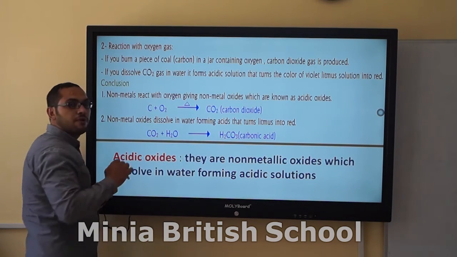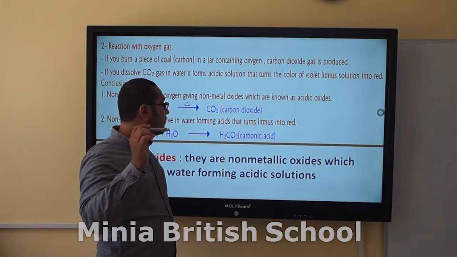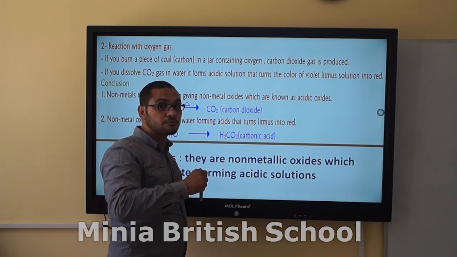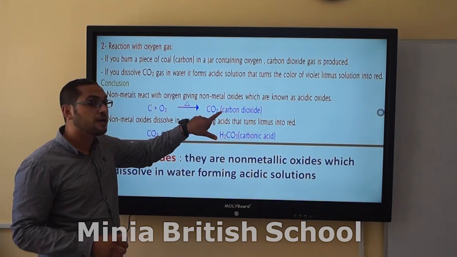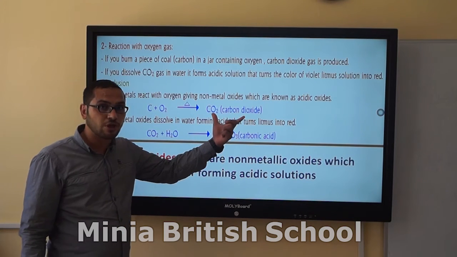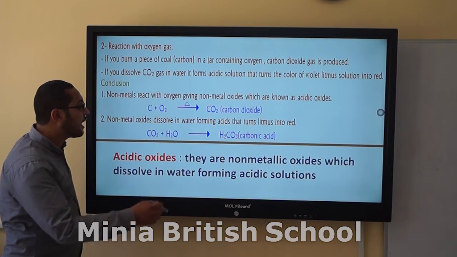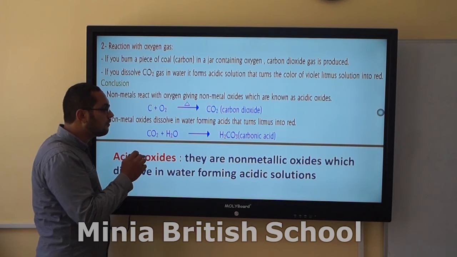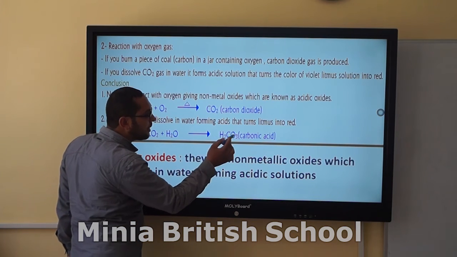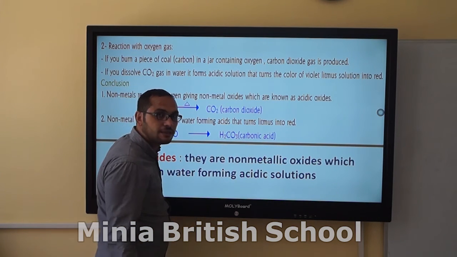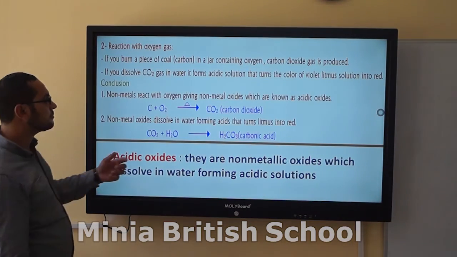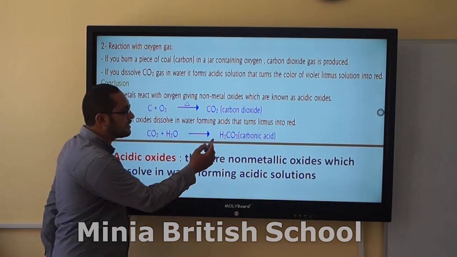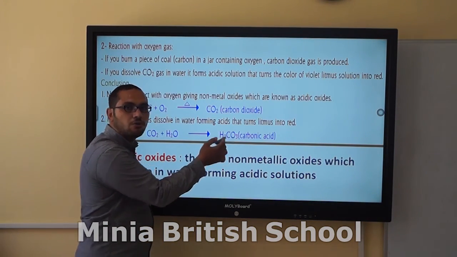If you add some water inside the tube containing carbon dioxide, the carbon dioxide dissolves in water, forming carbonic acid, which is H2CO3.